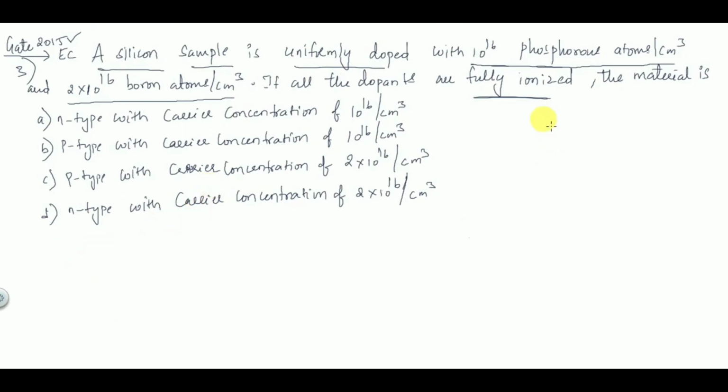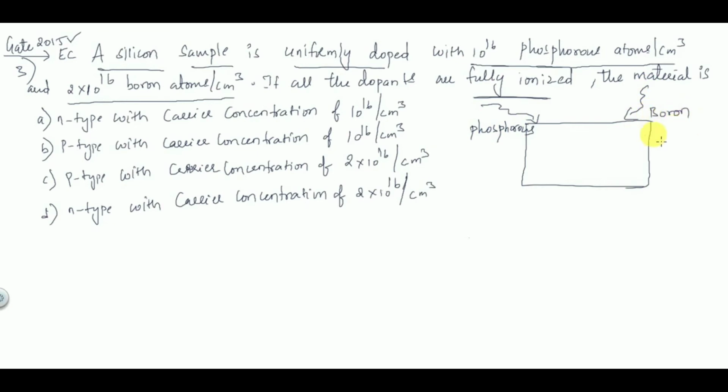There is a semiconductor bar like this. On one end it is doped with phosphorus, and on the other end it is doped with boron.